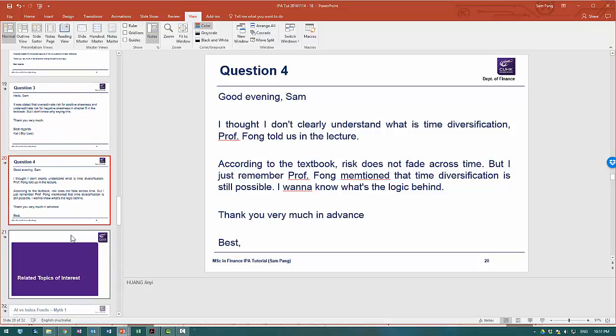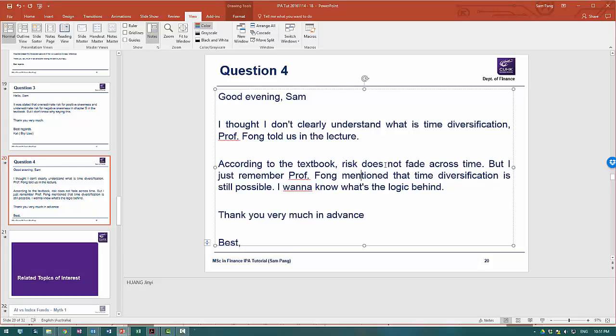Question 4. I don't clearly understand what is time diversification. Professor Fong told us in the lecture, according to the textbook, risk does not fade across time. But I remember Professor Fong mentioned that time diversification is still possible.